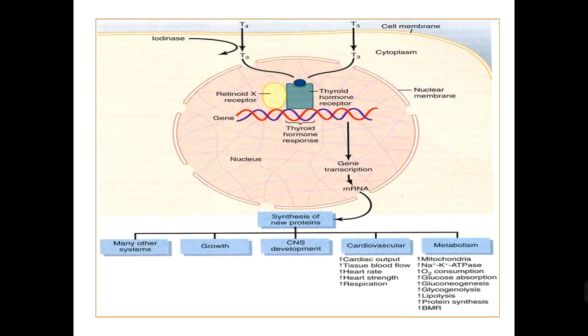You can see and understand the effect of thyroid hormone, which will act on each cell in our body for synthesis of new proteins that will act on the growth, CNS development, cardiovascular system, and on metabolism.